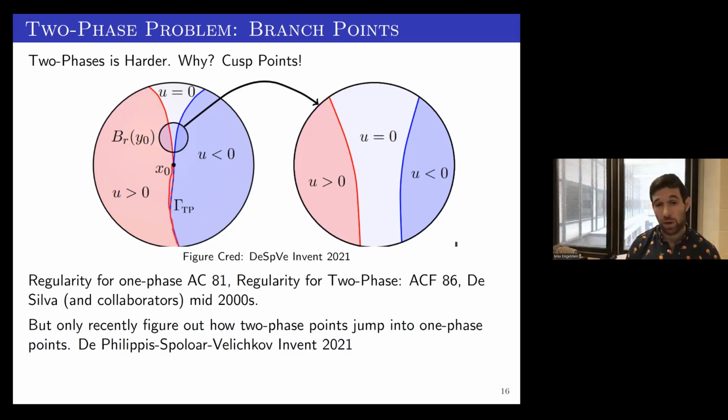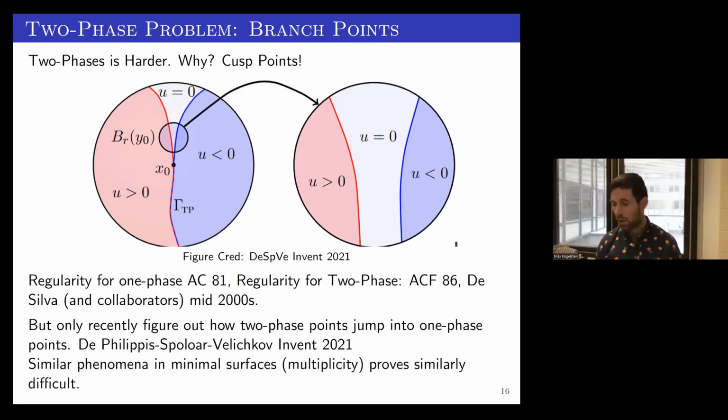And this is due to a very nice paper of Guido De Philippis, Luca Spolaor, and Bozhidar Velichkov in Inventiones 2021. There's a similar phenomenon, this analysis of branch points or cusp points, which occurs in minimal surfaces of higher codimensions and is similarly quite difficult to handle. And this analogy between minimal surfaces and the free boundary problems is an important one.